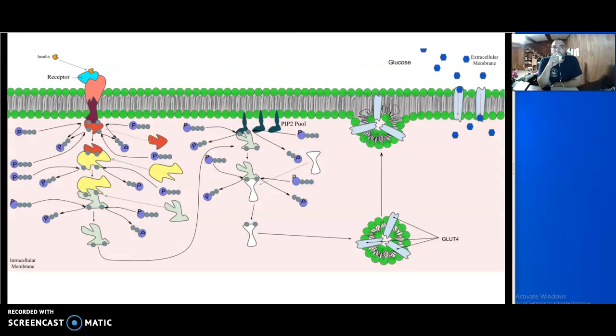This is a visual representation of the effects of insulin binding to a separate receptor site and exerting intracellular effects, which then ultimately create a channel via the GLUT4 protein to bring glucose into the cell.